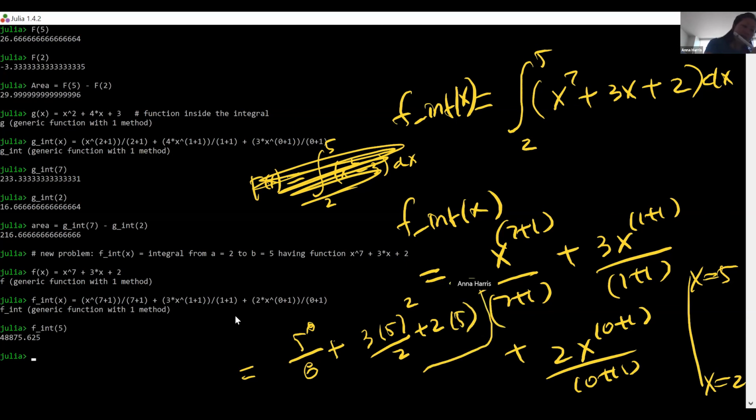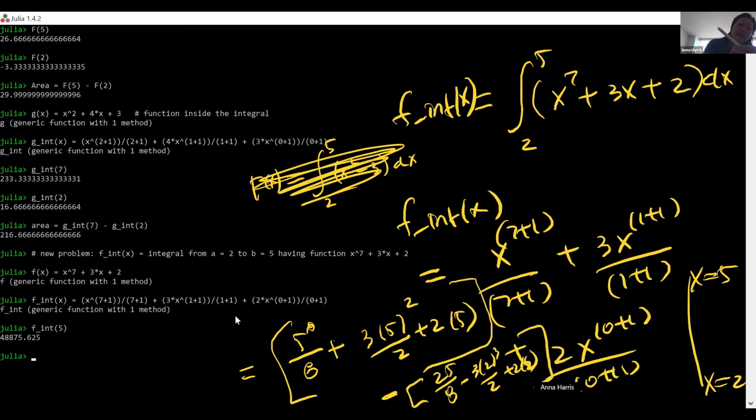That is my first one, and minus, and now do 2, so 2 to the 8 divided by 8 minus 3 times 2 to the 2 divided by 2 plus 2 times 2, that's my F of a.